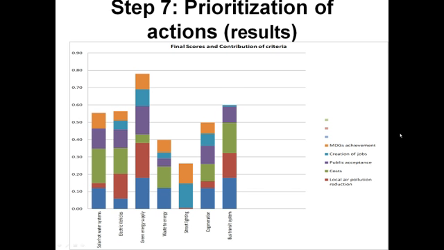So what you can observe normally is that actions that have high score in the most important criteria, normally they are ranked at a very high level. You can see that the green energy supply performs very well on local air pollution reduction, which was one of the most important criteria, but also on public acceptance and creation of jobs.